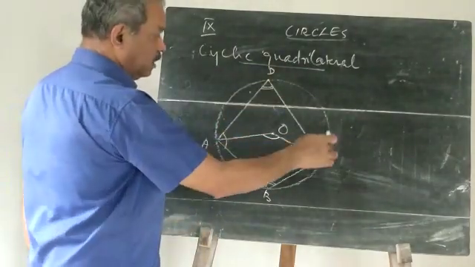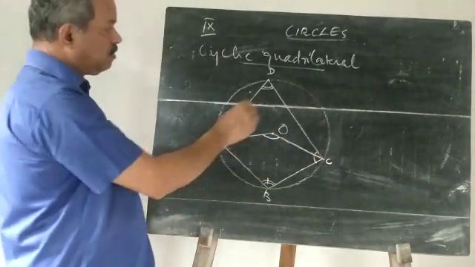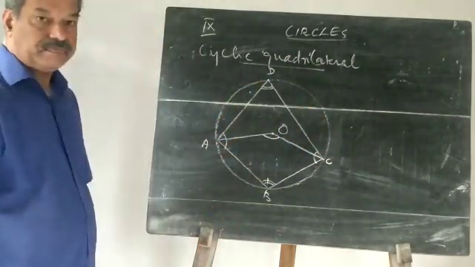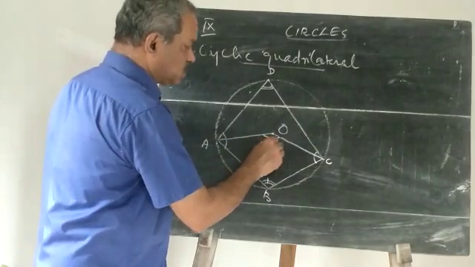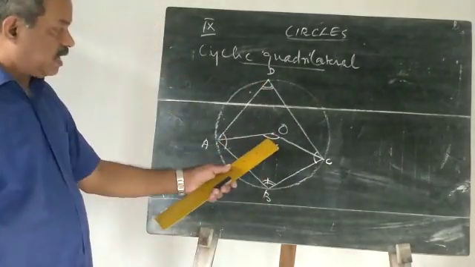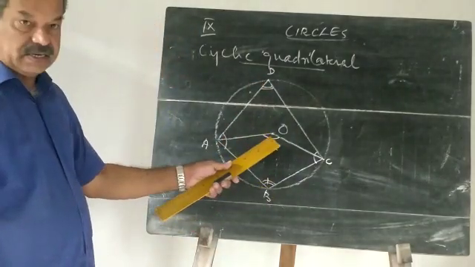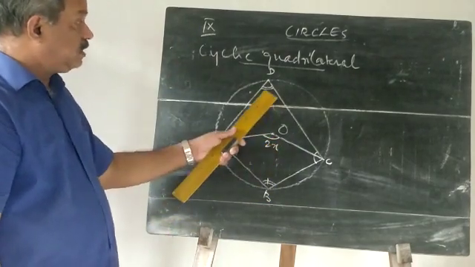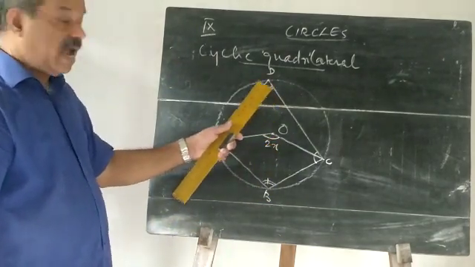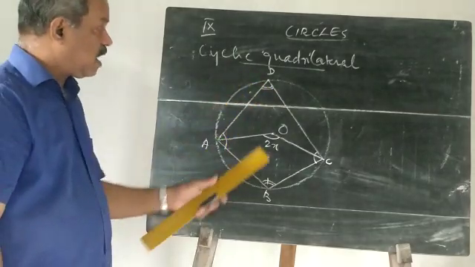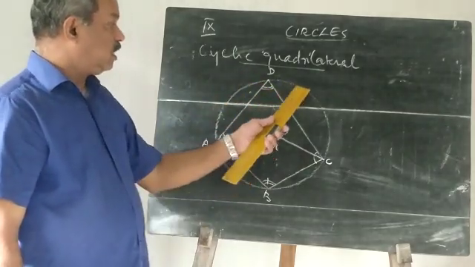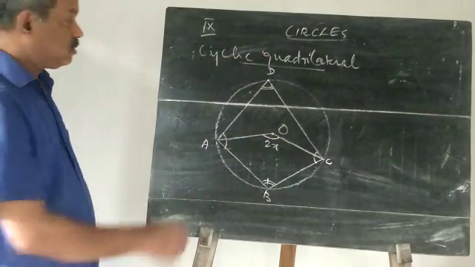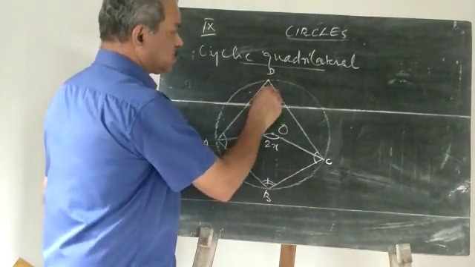Angle ADC. What is the relation between these two angles? If this angle is 2x, that is the angle subtended by an arc at the center, this is double the measure of the angle subtended by the same arc on the other part of the circle. So if this angle is 2x, this is x.